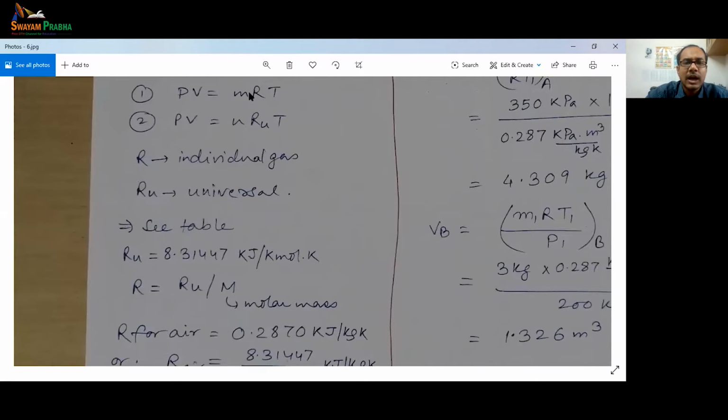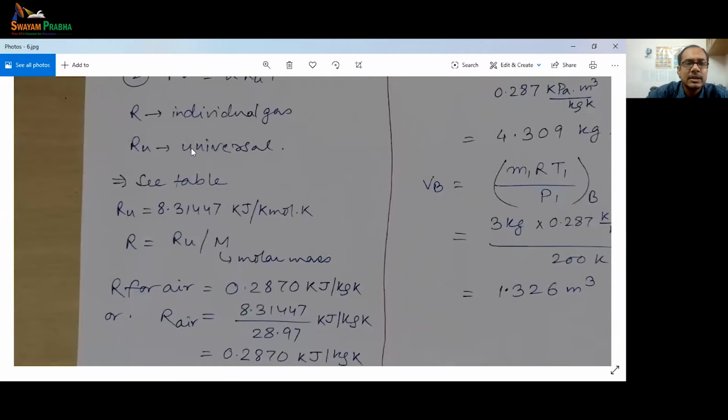Now this R is different for individual gases. For air, you will have one R, and for some other gas, suppose nitrogen, you will have some other R. But Ru is universal. Ru will be the same for all the gases, and if you use number of moles, you will use Ru in the ideal gas equation.